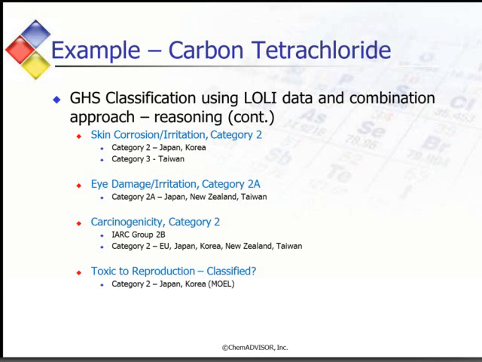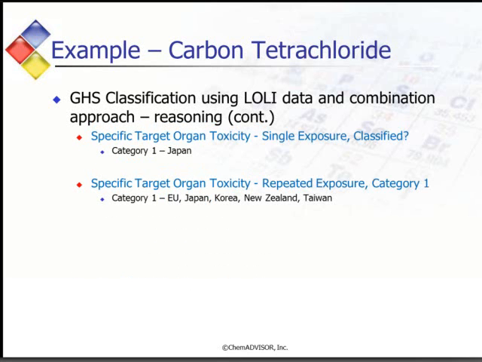The lowest classification of category 2 is applied by Japan and the Korea Ministry of Employment and Labor, excuse me. Specific target organ toxicity, only one country has published that, so we might look to see if we find additional information. In this case, we did not and did not classify it.